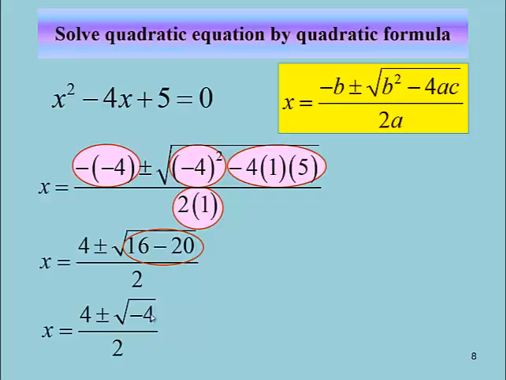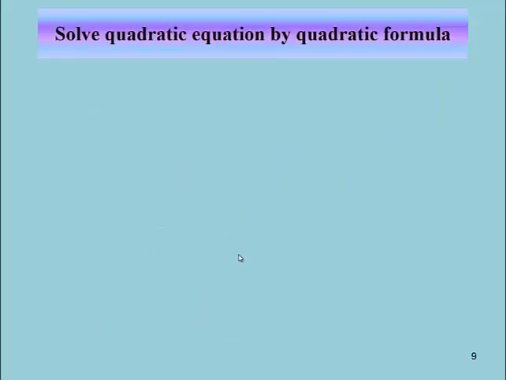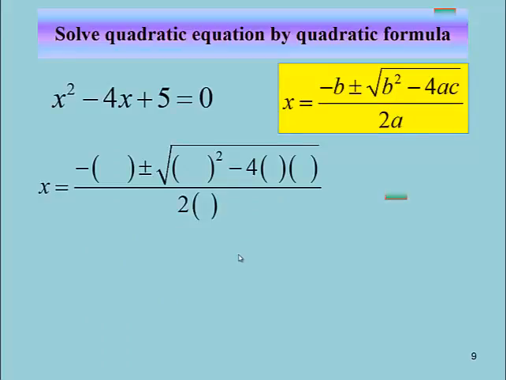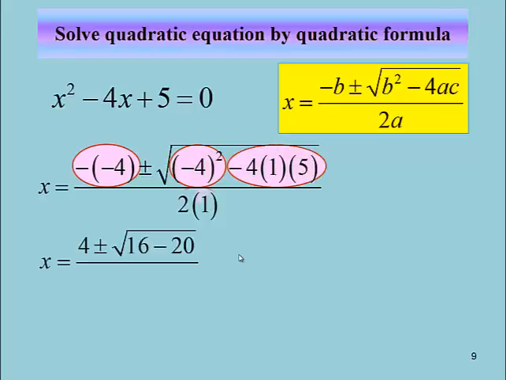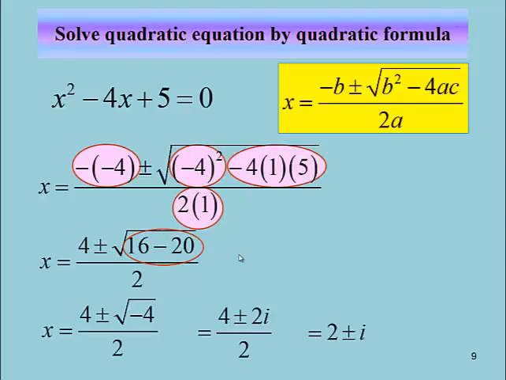The square root of negative 4 is called 2i, and that comes out on your calculator if you need help. And then divide through by 2, and there's our two answers. Here's the same thing again. And so that's using the quadratic formula.